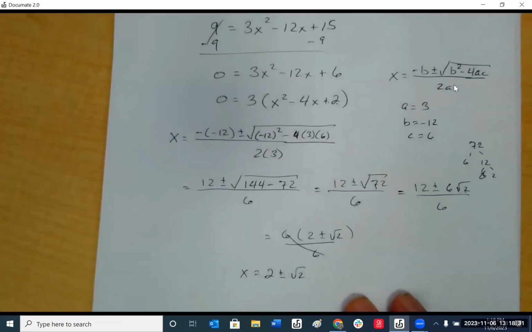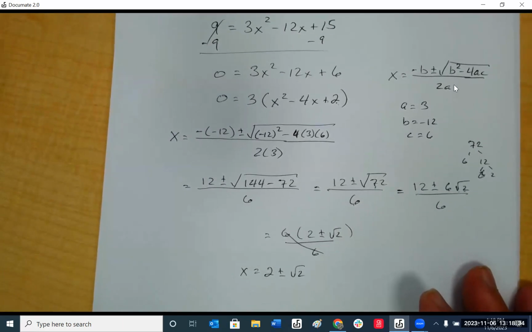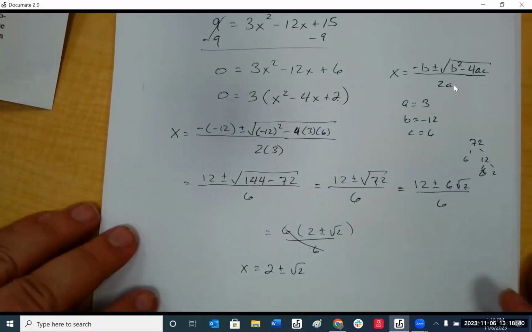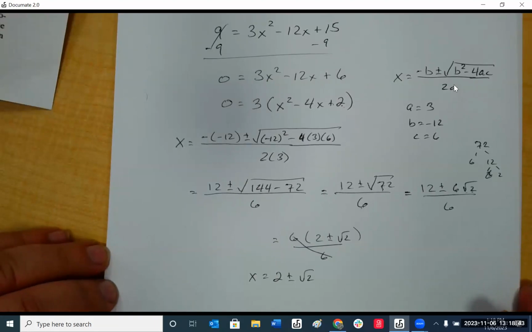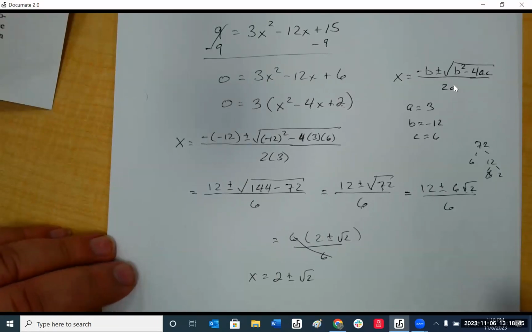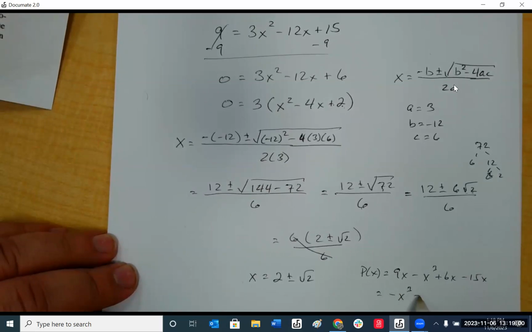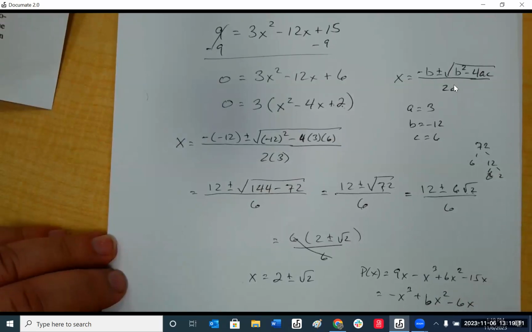And what was the last thing for? Maximize profit. So we have to put it back into our profit: 9x minus x cubed plus 6x squared minus 15x. Negative x cubed plus 6x squared minus 6x.